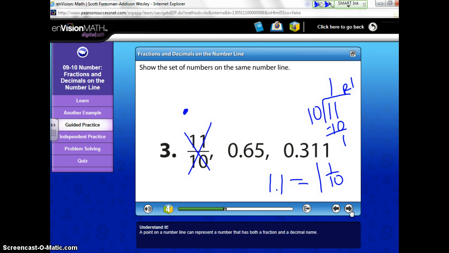Well, let's be careful here. We know right away which one's the largest, don't we? Which one is the largest? 1.1's our largest. Yep, this is the biggest. But now we have these two. Why can't I compare those two? Dathan?